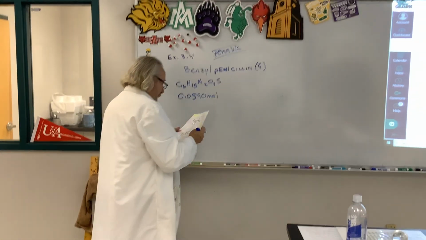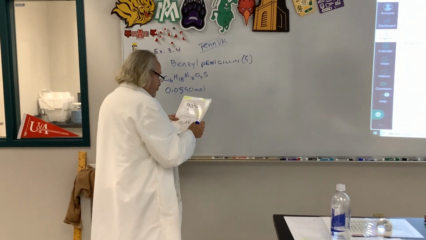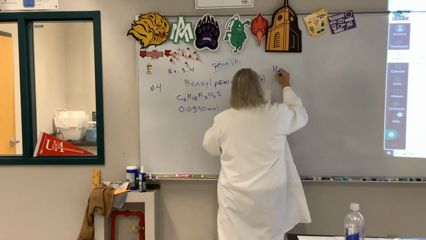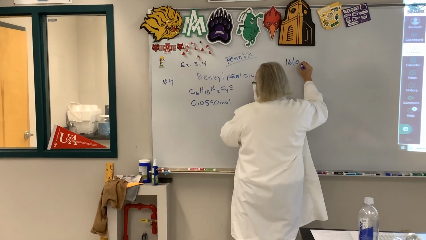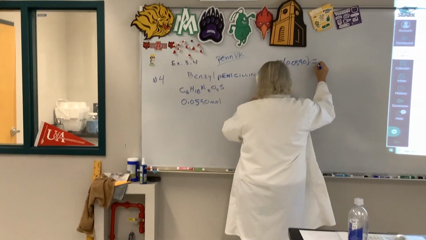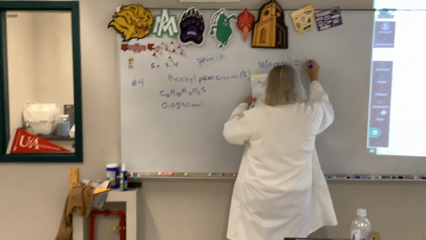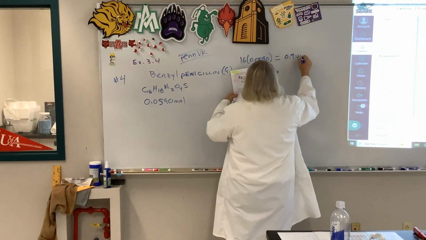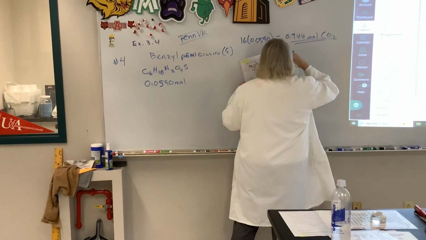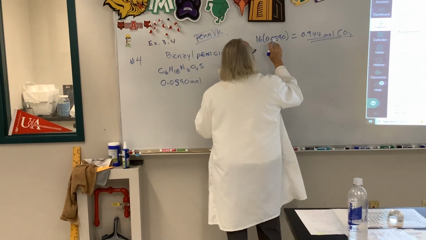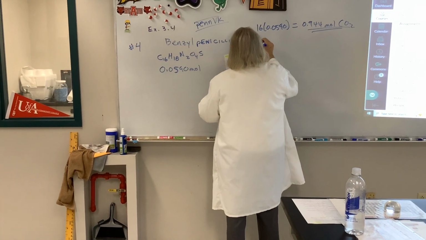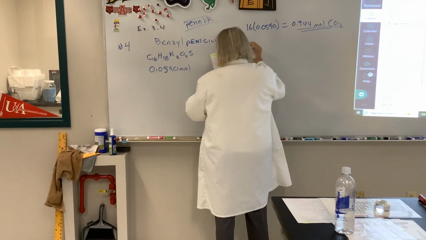Okay? So, if I want to know how much CO2 I produce, there's 16 carbons. So, 16 times 0.0590 is equal to 0.944 mole carbon dioxide produced by the complete combustion of 0.0590 moles of penicillin G. Okay, so the next one is water.